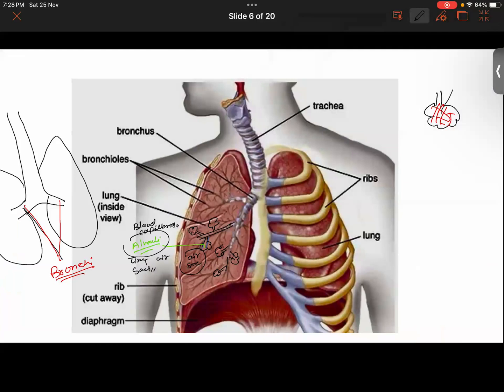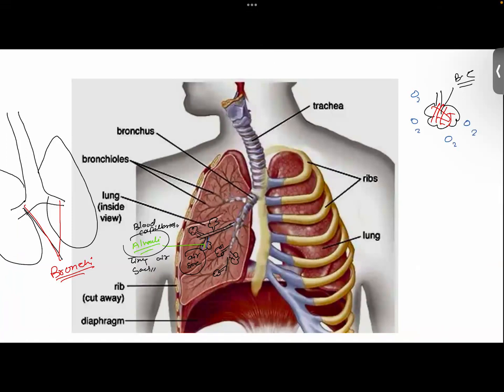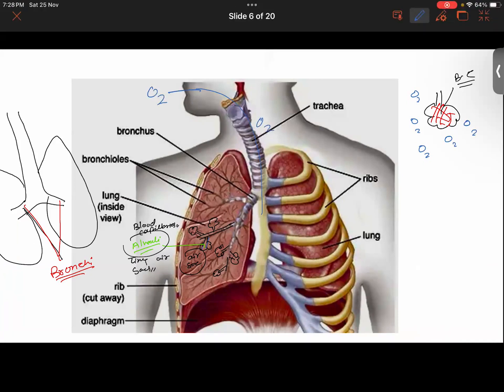I know that there is oxygen around this alveolus because I have inhaled it from the outside. This blood capillary is deficient in oxygen, having a lesser amount of oxygen gas, while outside the blood capillary you have more oxygen gas, right?